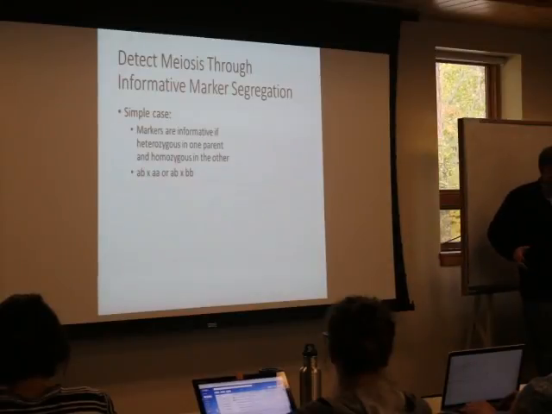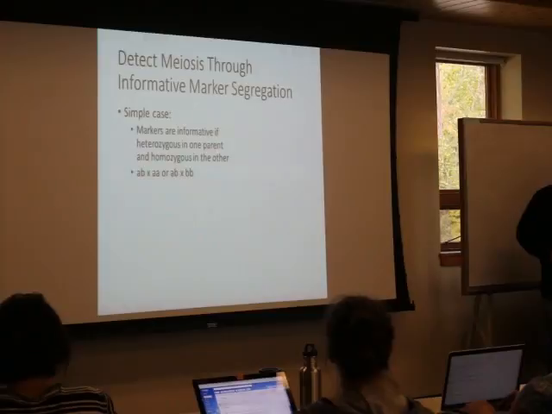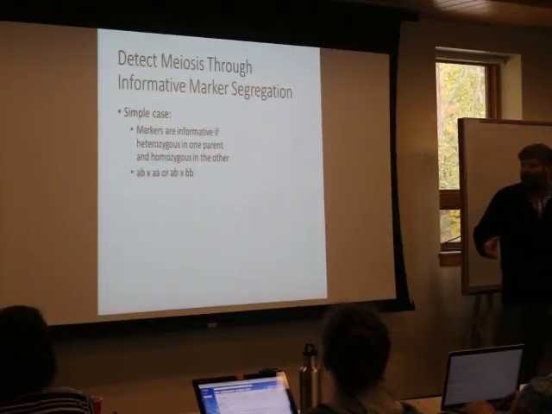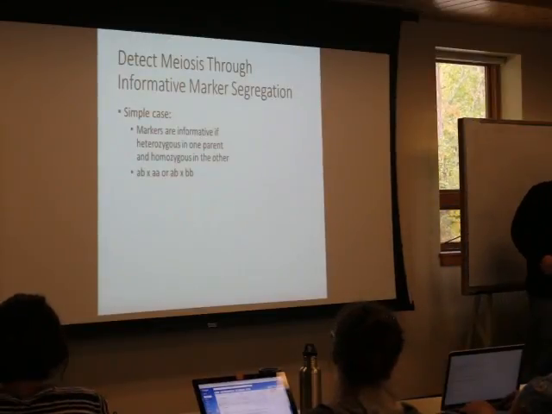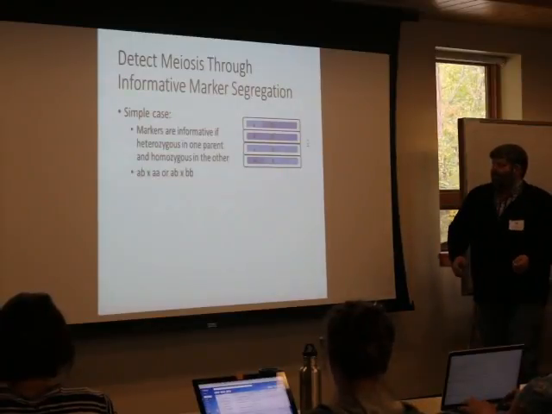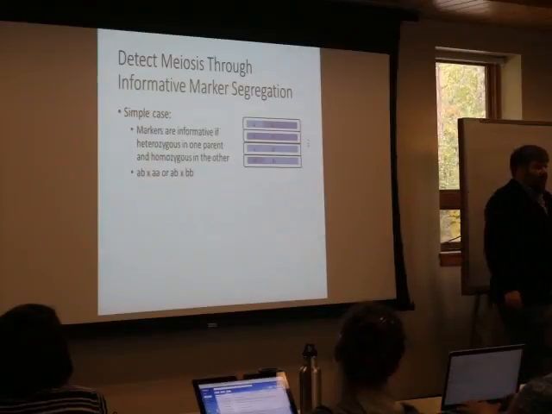The way that we detect meioses is through informative marker segregation. Informative markers, in most cases, are markers that are heterozygous in one parent and homozygous in the other. If we go back to that example, we have our female parent, and these are the 4 different meiosis products that you can have.